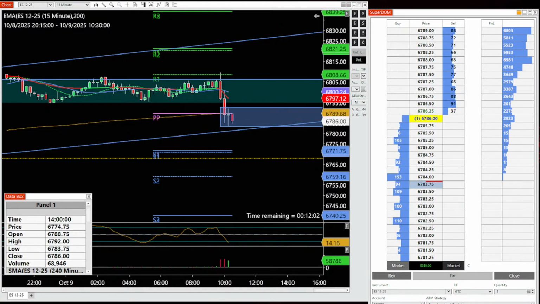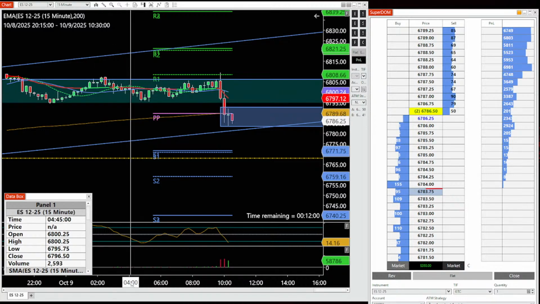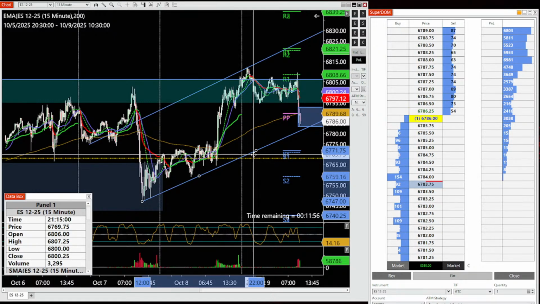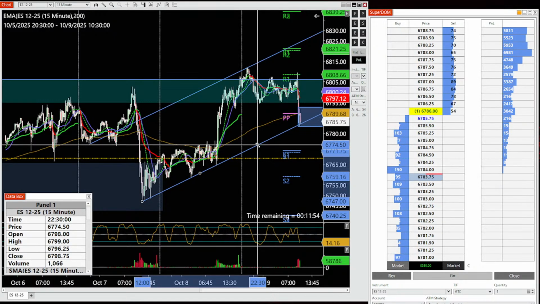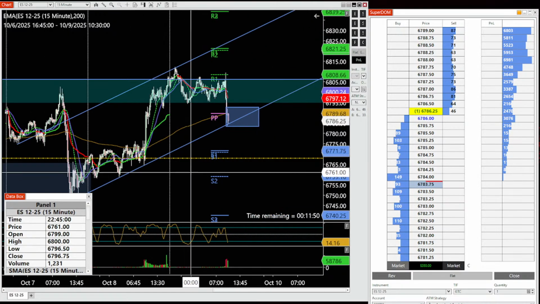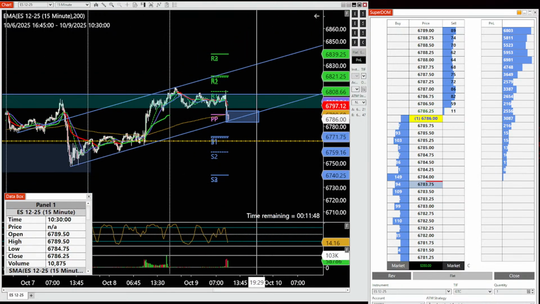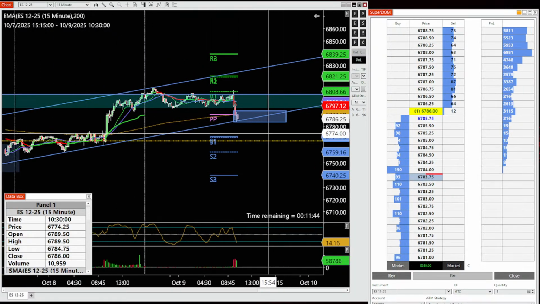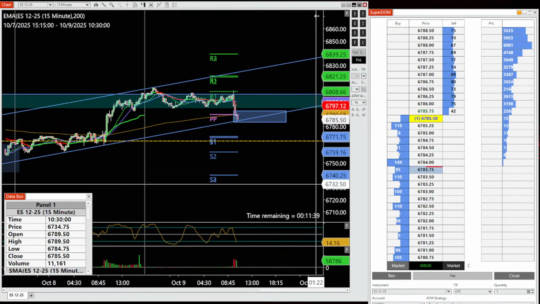It's possible, but just be careful. We got this trend line here on a bigger time frame. Can it break it from here? Just be careful because it can get back down to 70, 75.